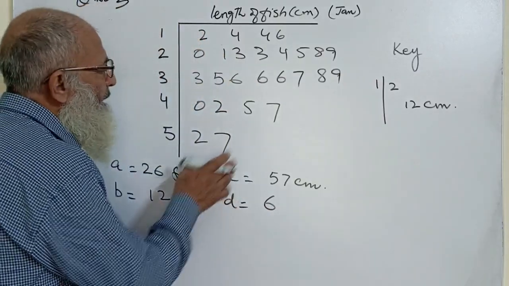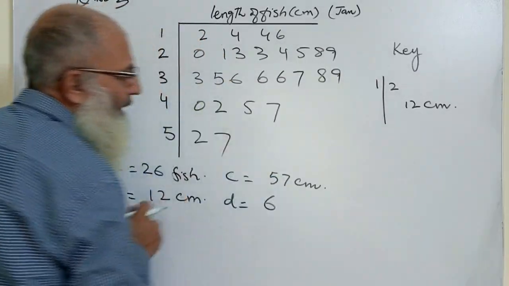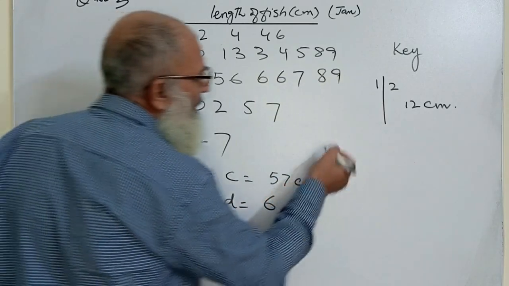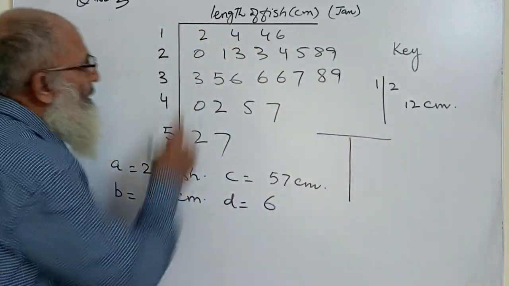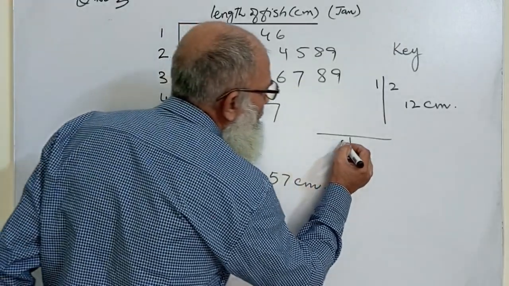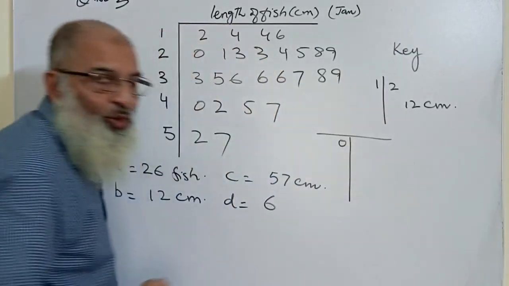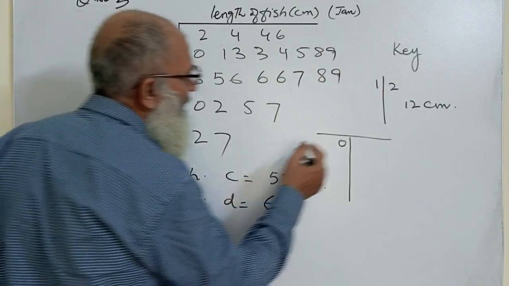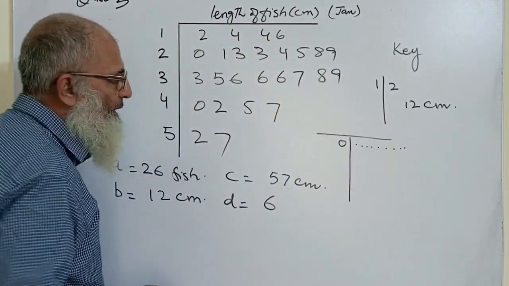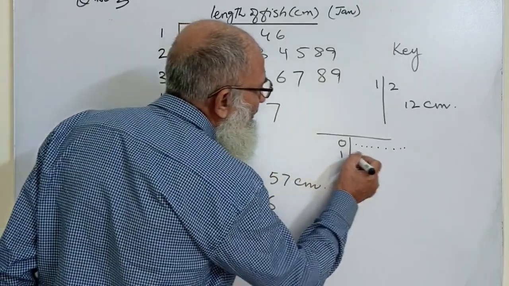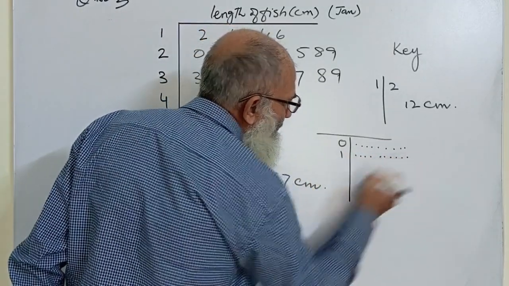So when such a thing appears, what will we do with this? We have to take a zero over here, and then some data will be collected over here and some data will be collected over here.